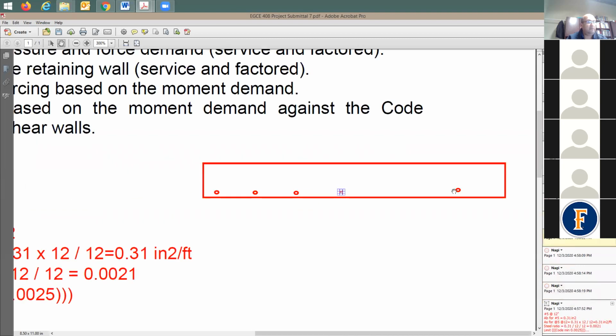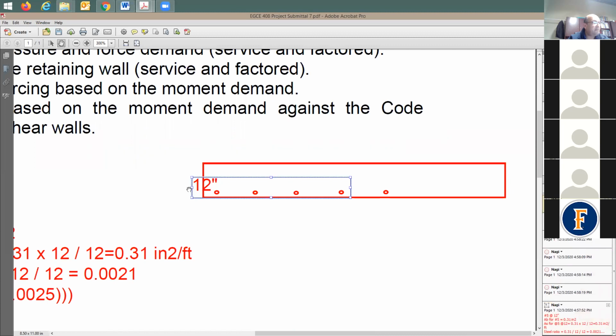We're good? So it's going to be all the way to the end. This wall thickness is 12 inches here, right? You agree with me or no? Is this 12 inches the length going into and out of the page? No, this is the thickness of the wall. I'm looking here at the top of the wall, like a plan view.